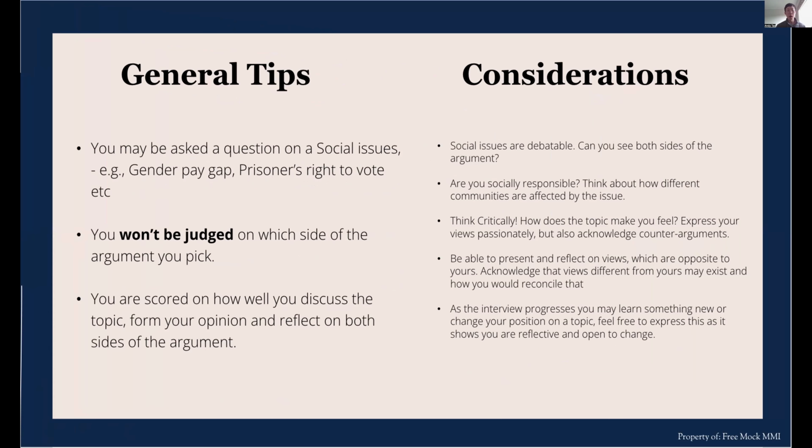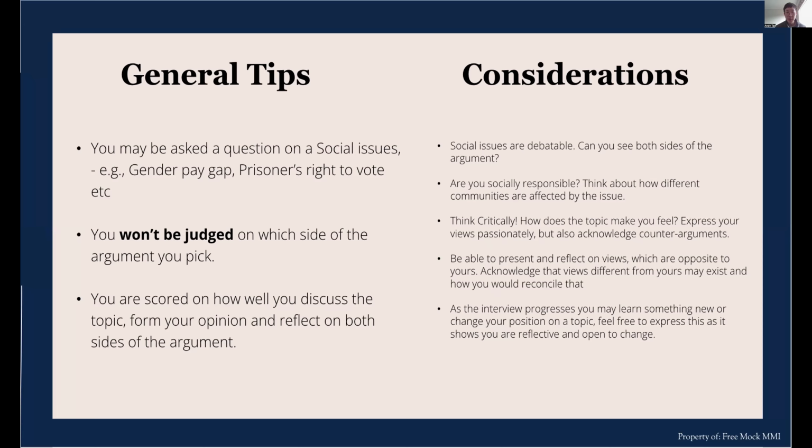It's all about how well you can argue and justify your points, and reflect on both sides of the argument. And of course, if there is something that is obviously politically correct or politically incorrect, you should never say something that is outright bad. You should always be focusing on how to improve society and create the most equitable outcomes.